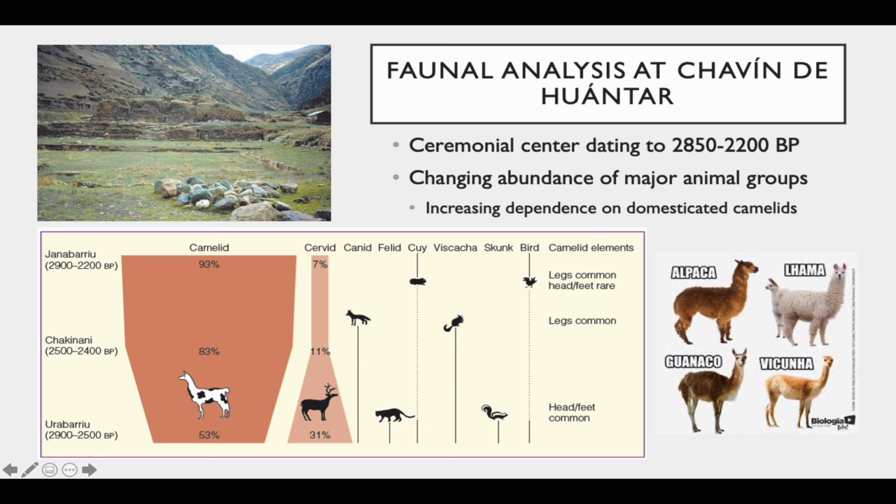And so your textbook talks about charqui, I'm not sure how to pronounce that, which is actually a Quechua term for freeze-dried llama and alpaca meat. So what the archaeologists were able to learn in this case is that the early occupants used llama mostly as pack animals, but camelid meat was a byproduct of culling their herds over time.